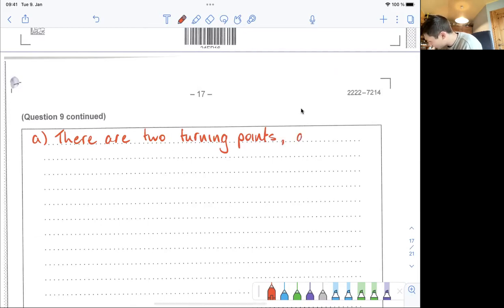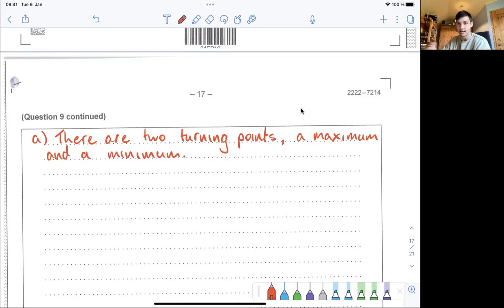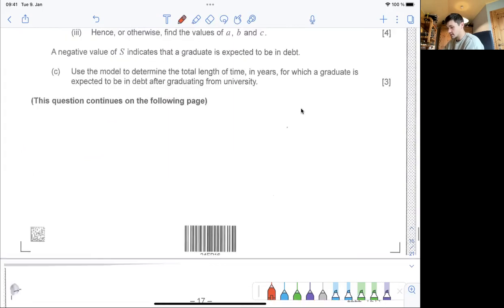We'll say a maximum and a minimum. Okay, and then, to state again, you could also say that there are three x-intercepts or that there is one point of inflection. And those would be adequate as well. But let's move on to part B.